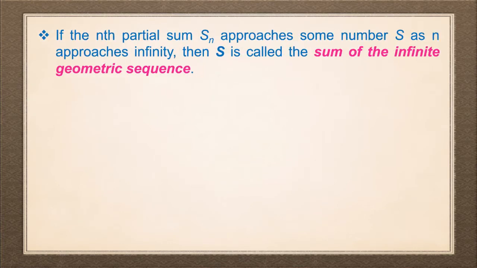If the nth partial sum S sub n approaches some number S as n approaches infinity, then S is called the sum of the infinite geometric series.